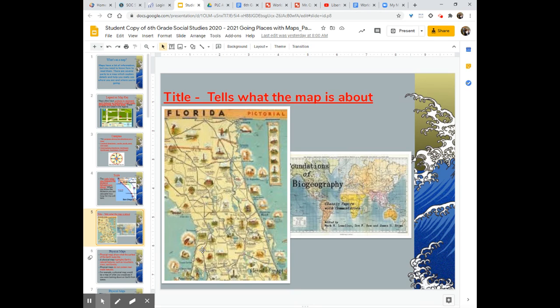Florida has a very unique shape as a state, but we don't get to see the entirety of Florida in this particular map. So it's important that we know we're looking at Florida. By understanding it as a pictorial map, we know that the pictures on there, the symbols, are also very important, and therefore we need to look at the key or legend to be able to understand it.